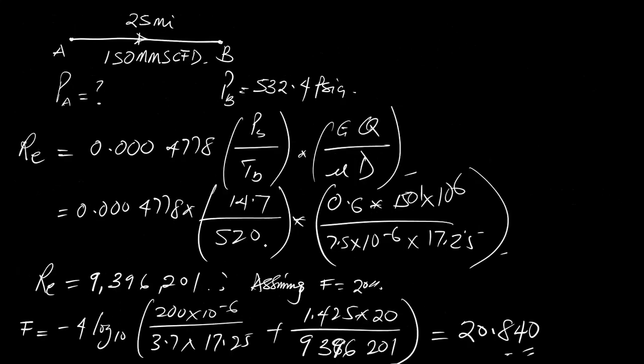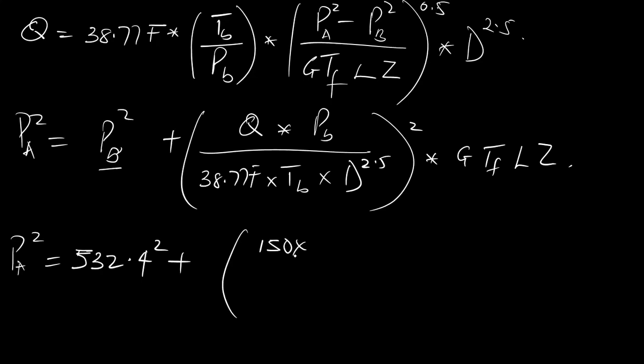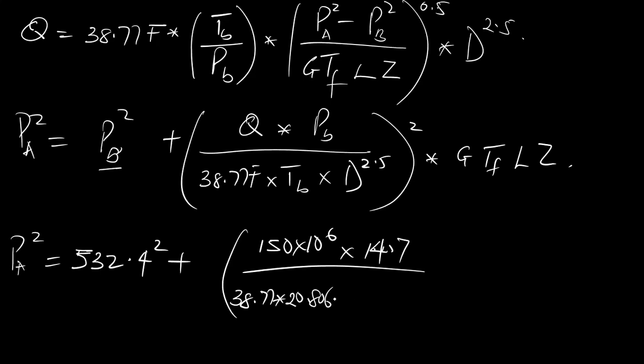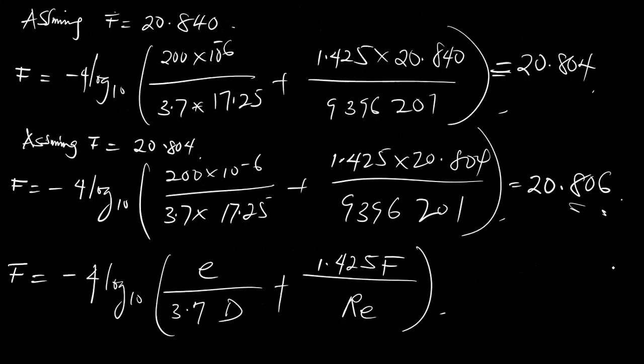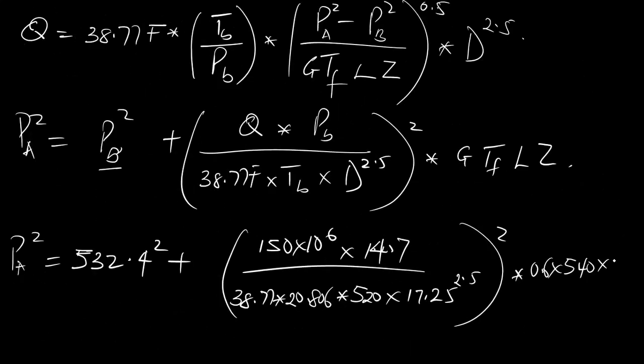The flow rate is what? 150 times 10 raised to power 6 times 14.7 divided by 38.77 times the transmission factor, which is 20.806 divided by 520 divided by 17.25 raised to power 2.5 all squared times 0.6 times 540 times the length, which is 25 miles, times 0.88.